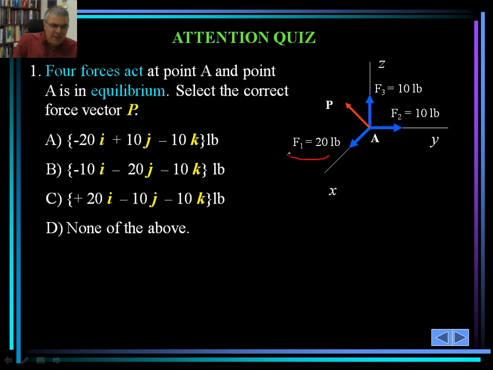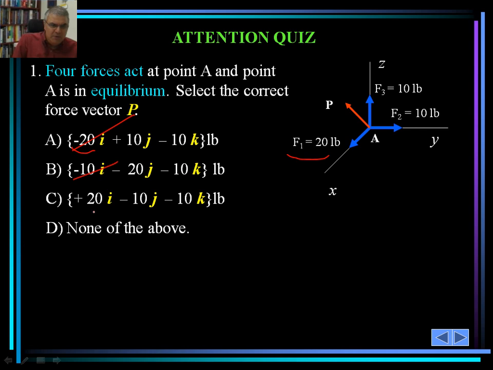See the I component of F sub 1 and P, and whatever that is, we should have some kind of a positive result. As you can see, we don't have those. Force F2 doesn't have any I component. Force F3 doesn't have any I component. So the components of I must be positive. We don't have any of those here. So right away, just because of that fact, this is out, and this is also out, right?